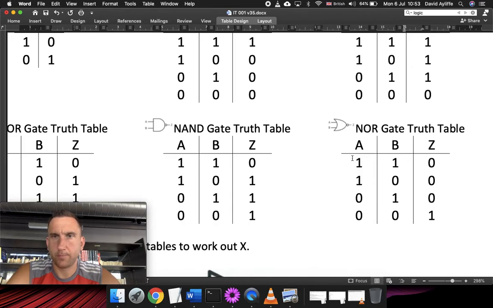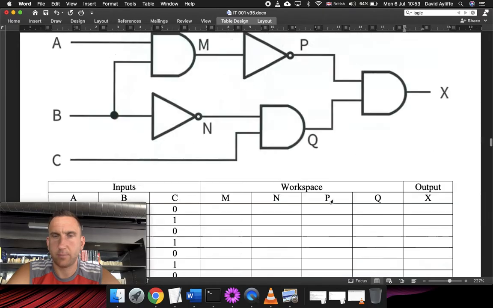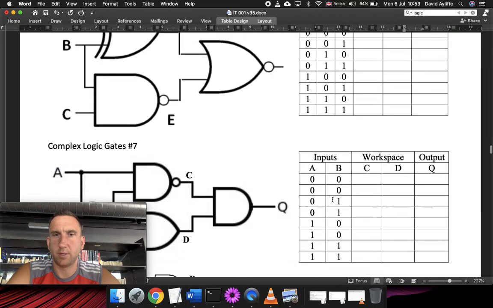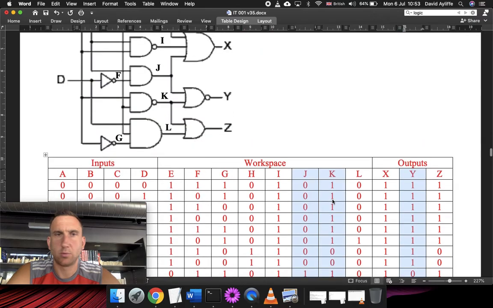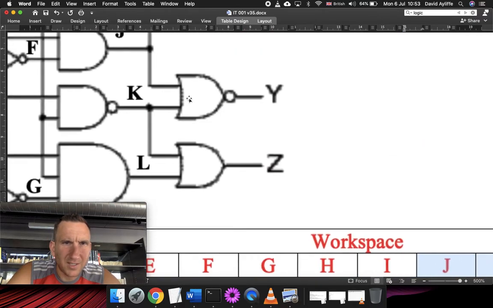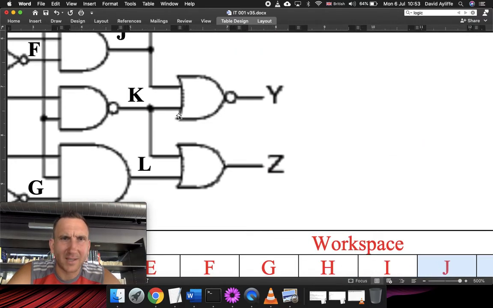Okay, so NOR. So they both need to be negative to get positive output. Is that a NOR gate? Or is that a NAND gate?